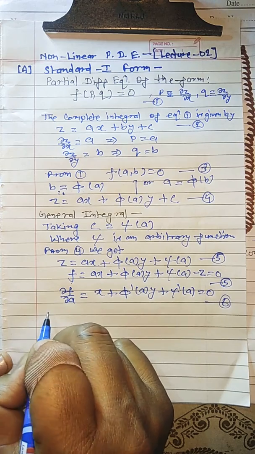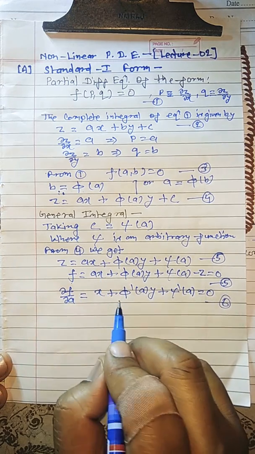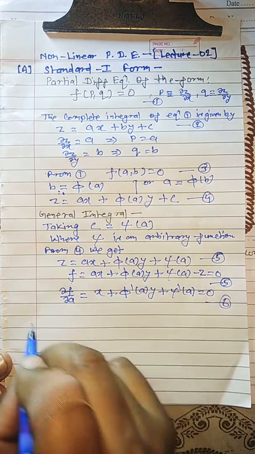Here we can find the general solution by eliminating a from 5 and 6.